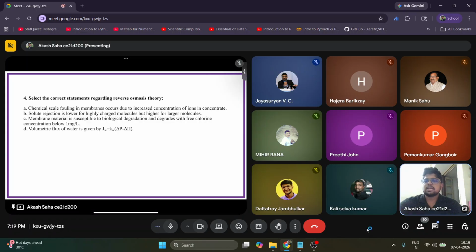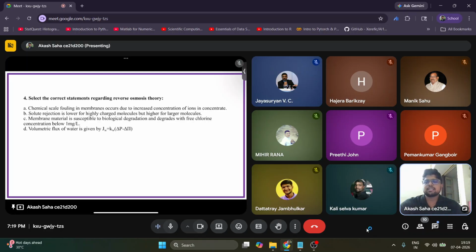Next, select the correct statements regarding reverse osmosis theory. It says that chemical scale fouling in membranes occurs due to the increased concentration of ions in concentrate. Solute rejection is lower for highly charged molecules but higher for larger molecules. Membrane material is susceptible to biological degradation and degrades with free chlorine concentration below 1 milligram per liter.